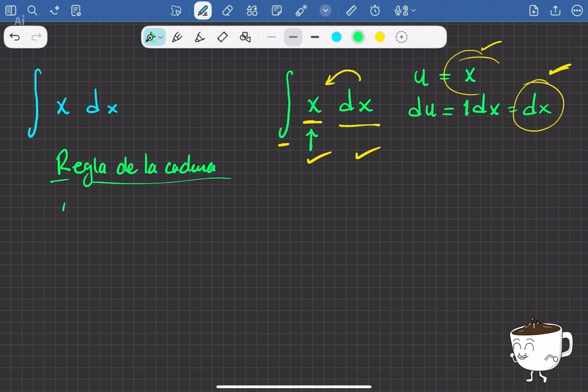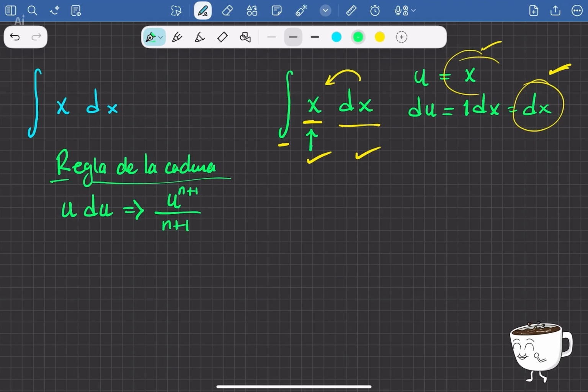It mentions that if we have a u and we have a complete du, if we have our du, which is the derivative of u and is complete, or if we can complete it with some number and at this particular moment we have it complete, we can proceed to use this rule that tells us that, already having a u, u to the n plus 1 over n plus 1 is the form of the solution.